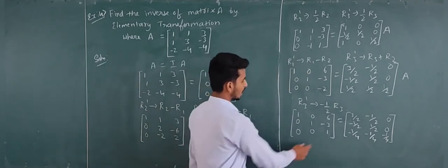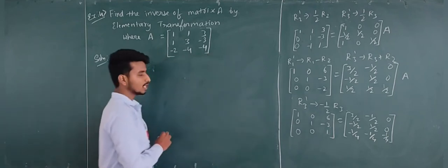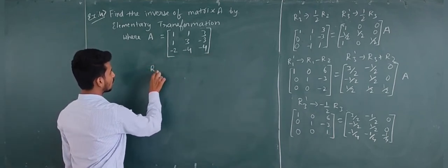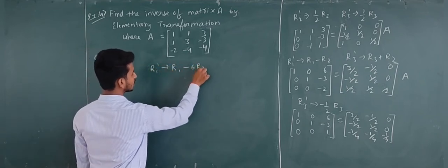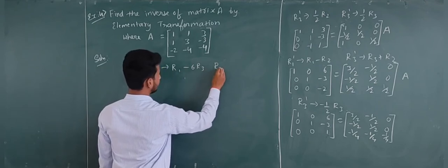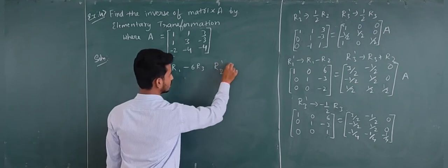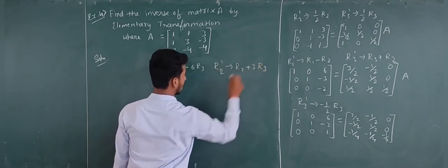Next, with the help of the third row, we can make these two terms 0. That is, R1 dash changes to R1 minus 6 R3, and R2 dash changes to R2 plus 3 R3.